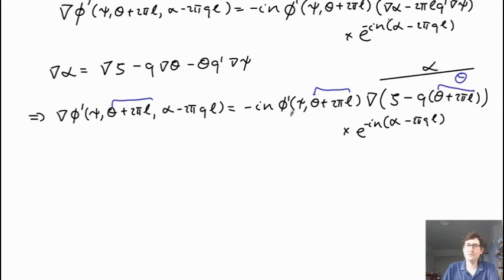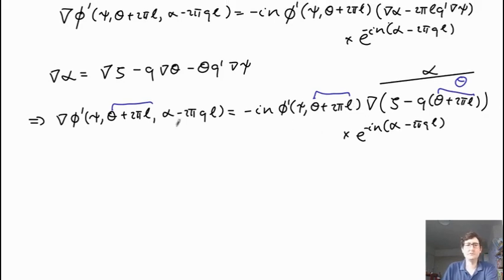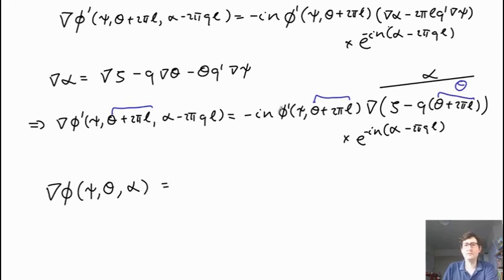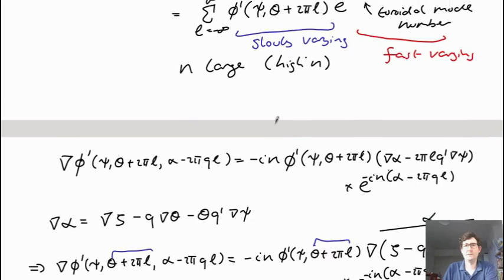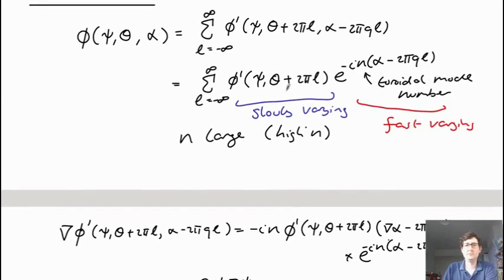And so if you put this back into the sum, so phi is just the sum of these over all L's, what you find is that grad phi is just some function of psi, theta, and alpha. Each term in the sum, so I'll look at the equation up here, is the sum over all of these expressions.